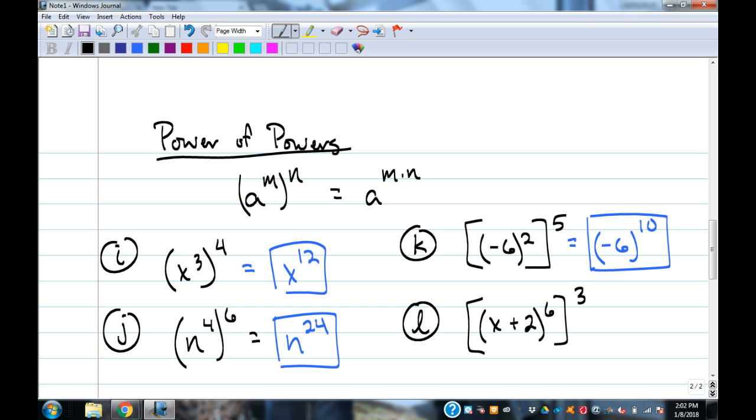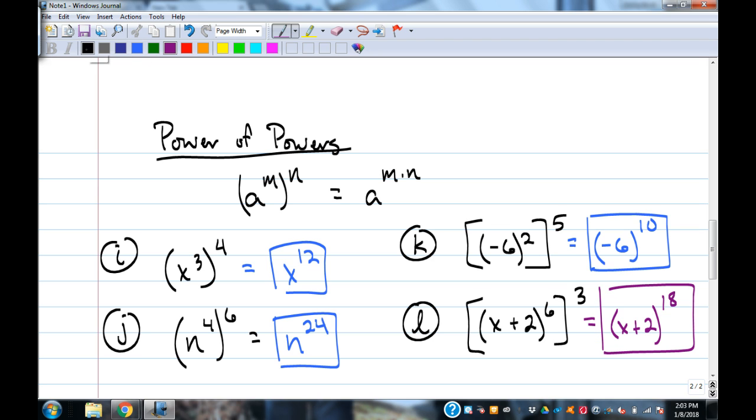Just like up here, this was in parentheses, and that made the -6 the base. This right here, the x plus 2, is all in parentheses. That makes it the base of the inside here. And it's got a 6 power. And then that's in brackets and has a 3rd power outside. So the base is x plus 2. What's the new exponent? 18. 6 times 3.